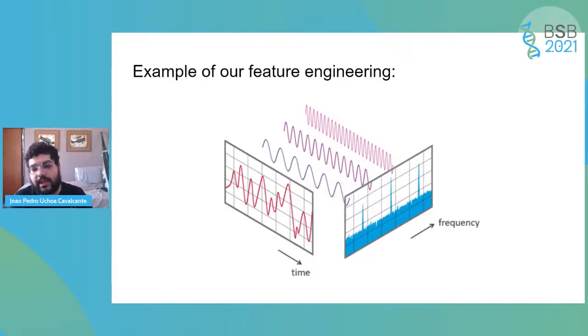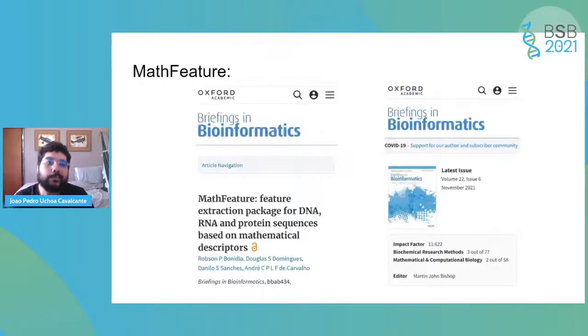In this image, you can see audio being translated from time to frequency, but we can translate the sequence itself, the discrete Voss numbers, into a spectrum. We can analyze the spectrum to differentiate between sequences, and that's what our machine learning code will be receiving.